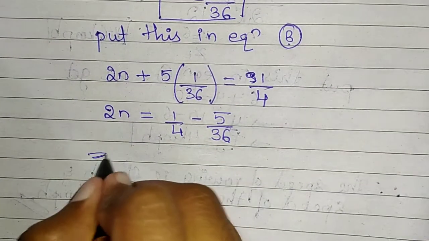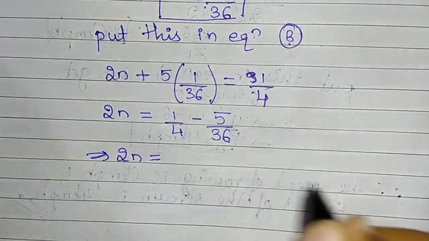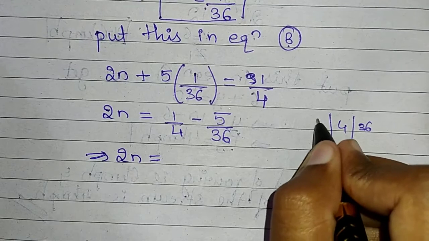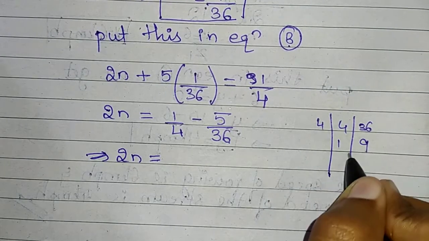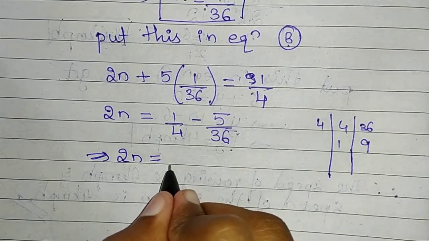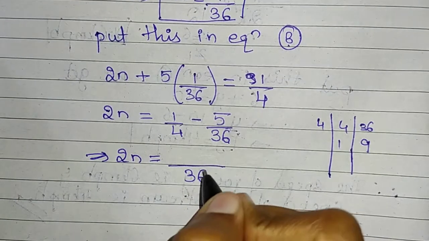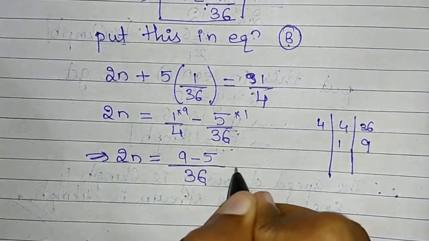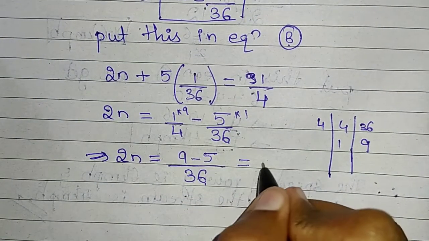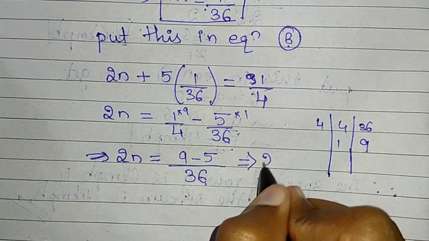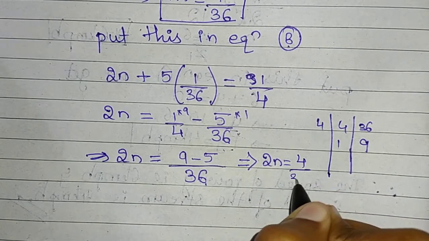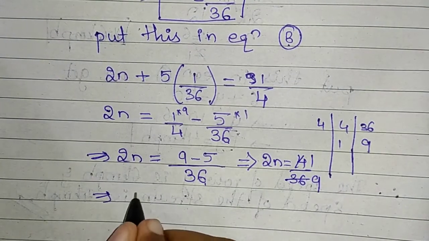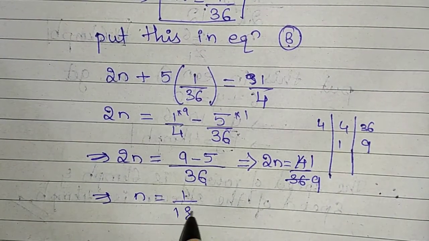So this implies 2N is equal to, the LCM of 4 and 36 is 36, 4 nines are 36, so 9 minus 5. We get 2N is equal to 4 by 36. 4 ones are 4, 4 nines are 36. So this implies N is equal to 1 by 18.